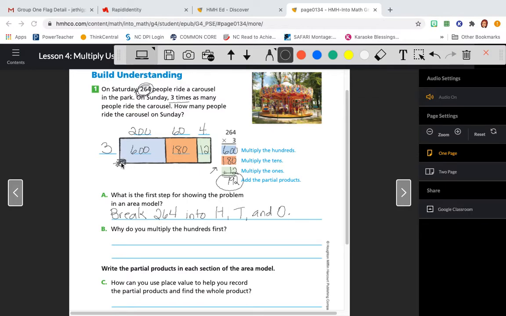Because we're starting on the left side, we're starting in the greatest place value first, which is our hundreds, which means I'm going to multiply the hundreds first. So we can say our area model goes left to right.